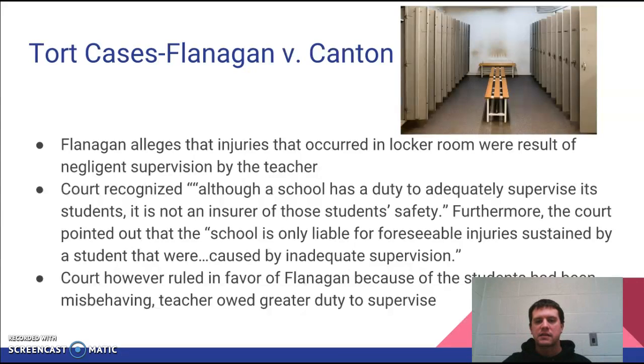So if a freak accident happened, they're not necessarily on the hook for it. Furthermore, the court pointed out that the school is only liable for foreseeable injuries caused by inadequate supervision. In this case, though, they ruled in favor of Flanagan because the students had been misbehaving. The teacher did owe a greater duty to supervise them on that day.